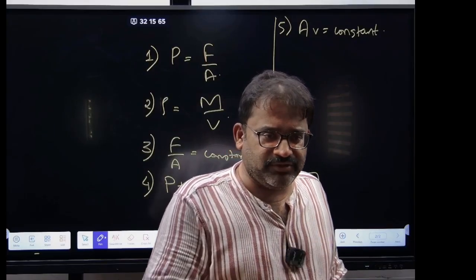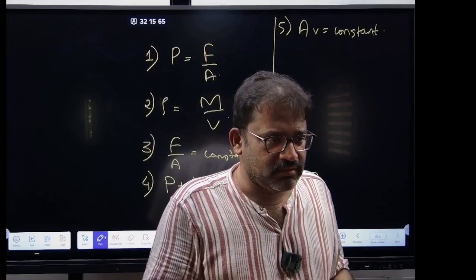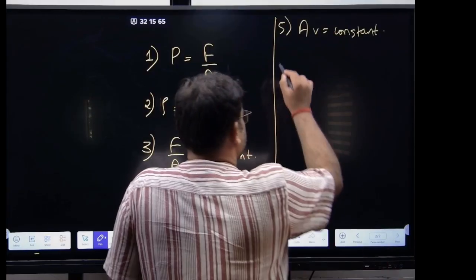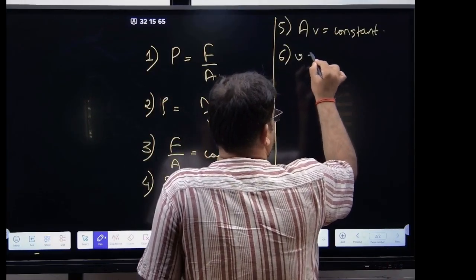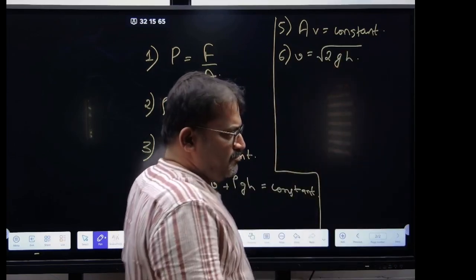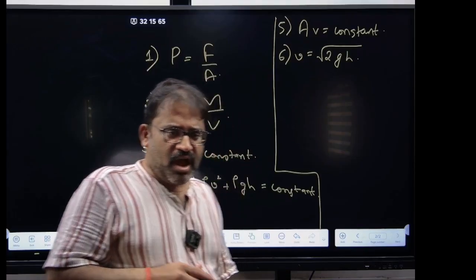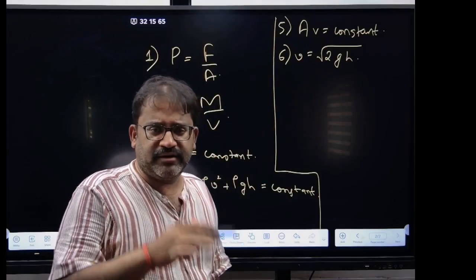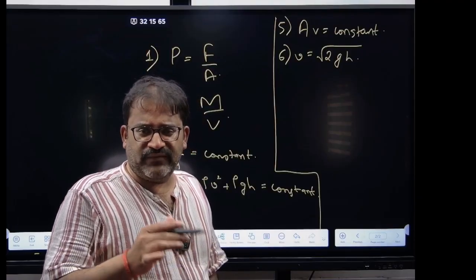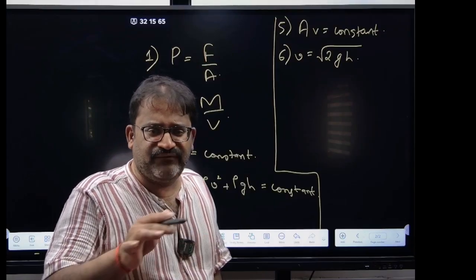That is what is called the equation of continuity. Next, children, it is called Torricelli's theorem. Torricelli's theorem says that the velocity of a liquid flowing out of a container is the same as that of an object in free fall.